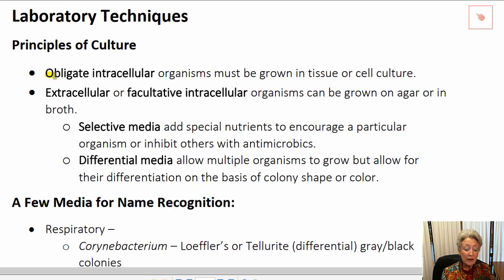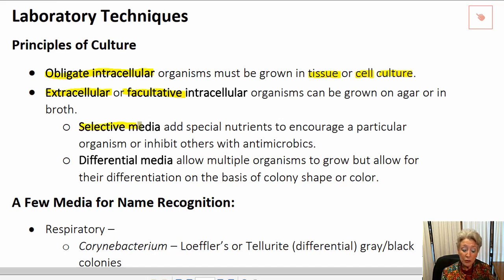Remember that if I have an obligate intracellular organism, I'm going to have to provide the cells for it to grow in. So if they mention tissue or cell culture, they're telling you that the organism is an obligate intracellular. Those that are extracellular or can choose, we call those the facultatives.